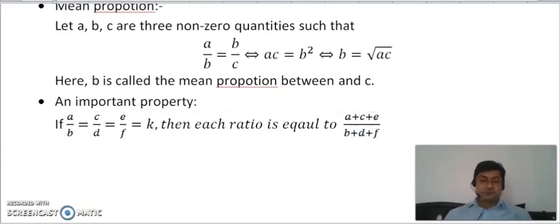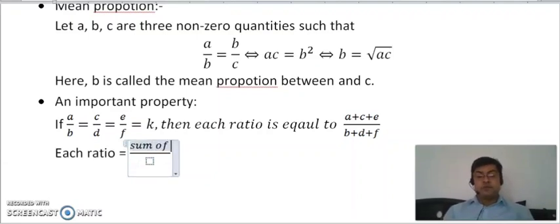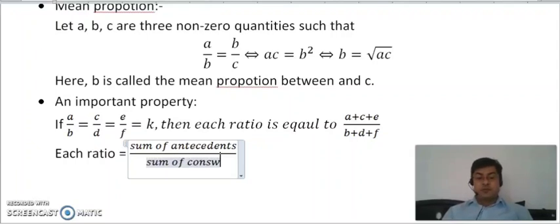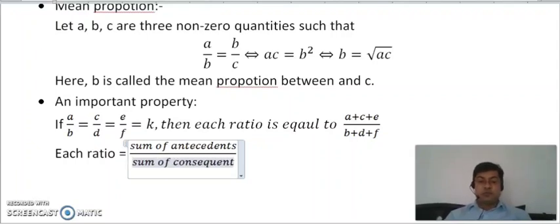So you will remember that each ratio is given by the formula sum of antecedents upon sum of consequents.